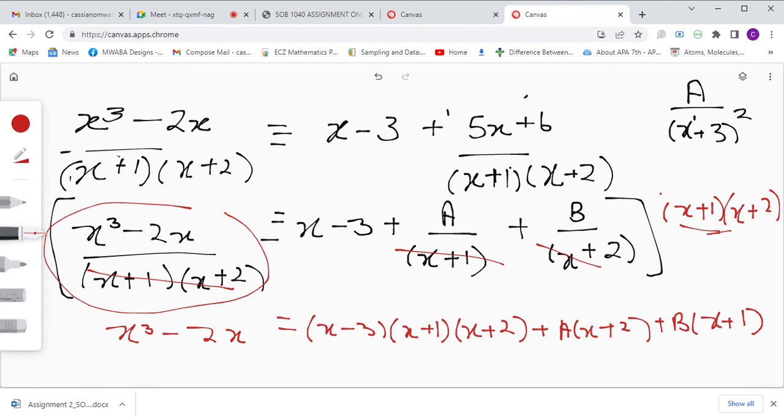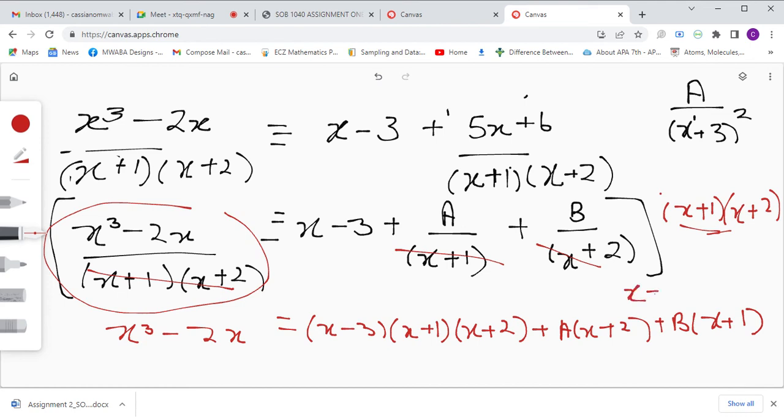So what we can do here is look at values. We can start putting values here to start getting rid of these other terms so we can find the value of a and b.